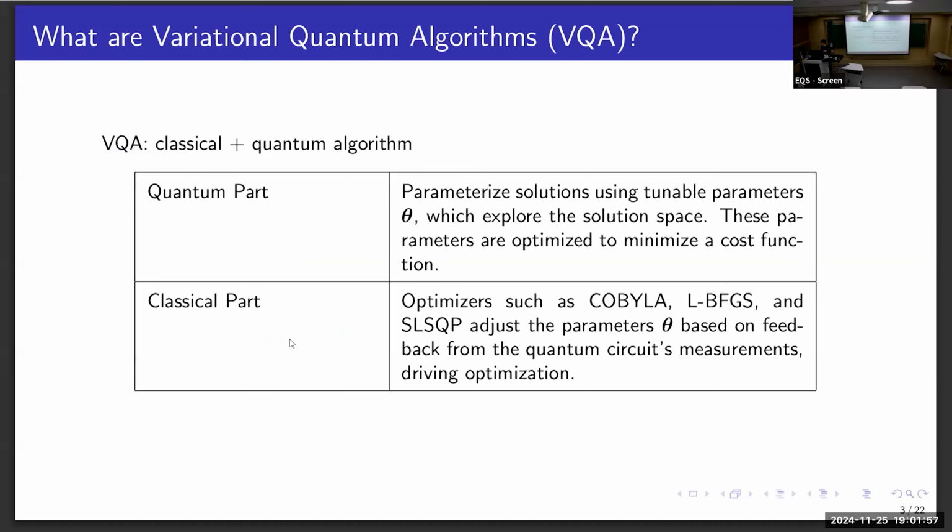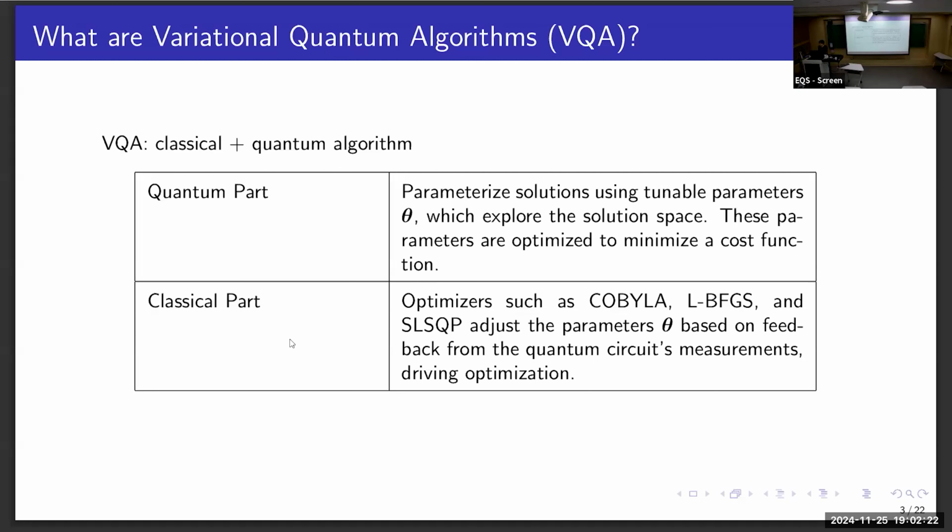So what are variational quantum algorithms? VQA, for short, combines classical and quantum algorithms in one algorithm. The quantum part is parameterized solutions using a tunable parameter theta, which explores the solution space. These parameters are optimized to minimize the cost function I'll introduce later.